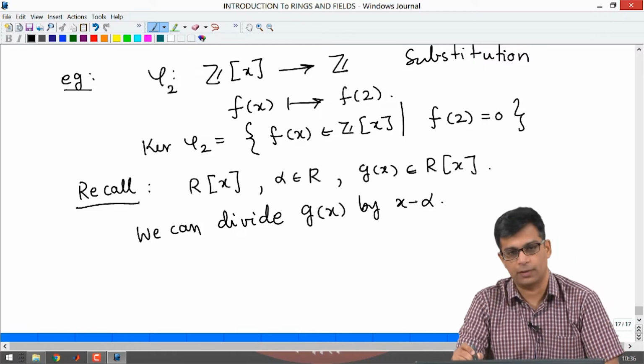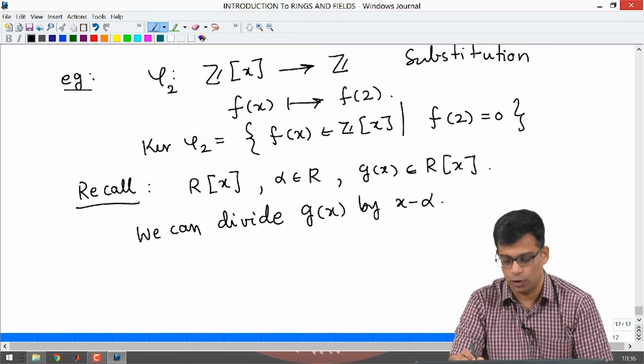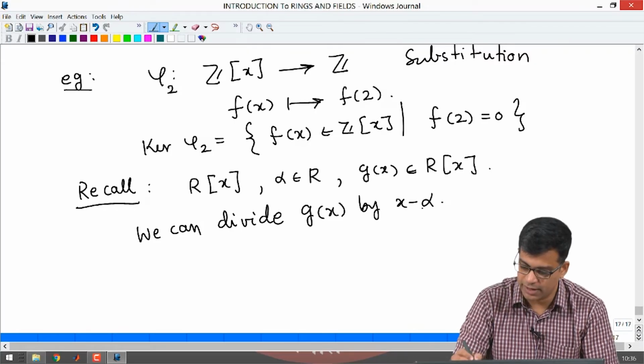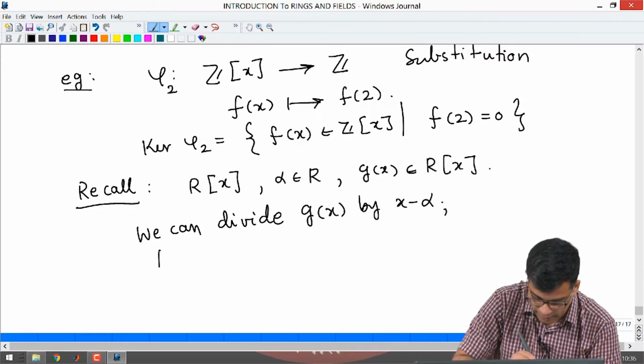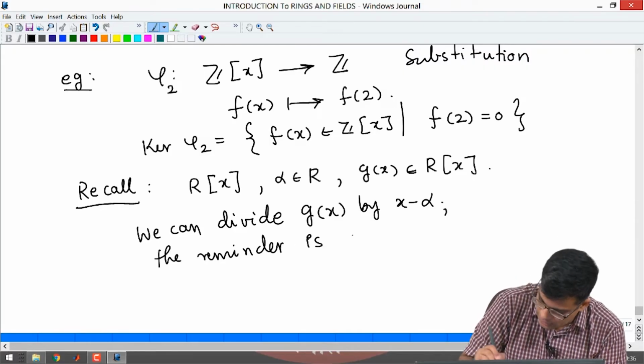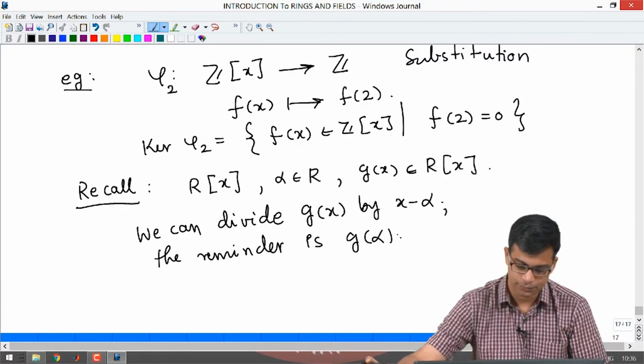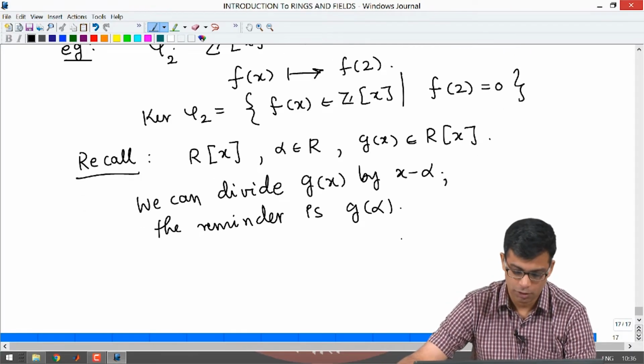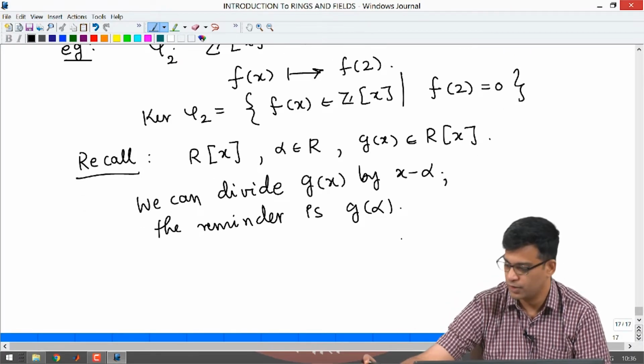We can always divide, because x minus alpha is a monic polynomial. The remainder is g of alpha. This I have proved: the remainder when you divide g(x) by x minus alpha is g of alpha.